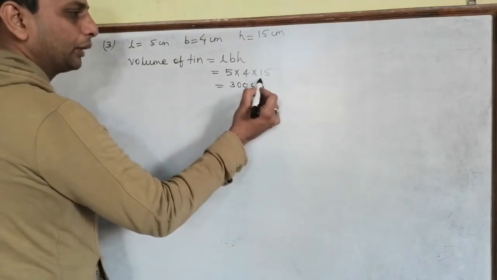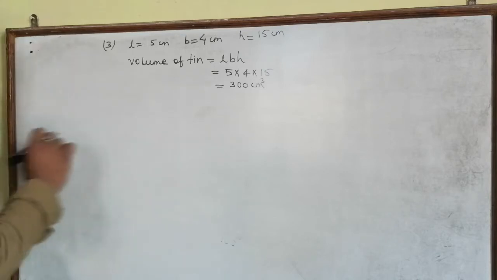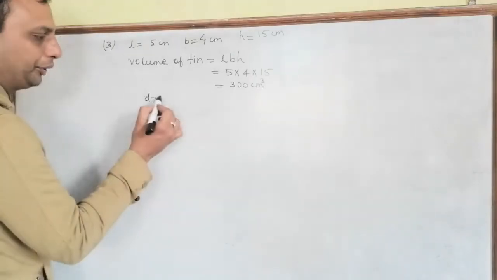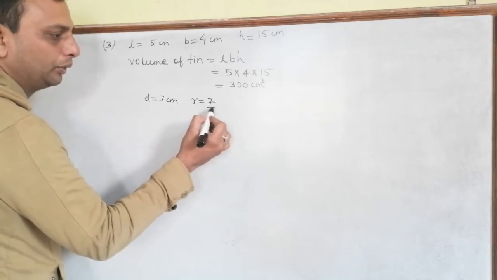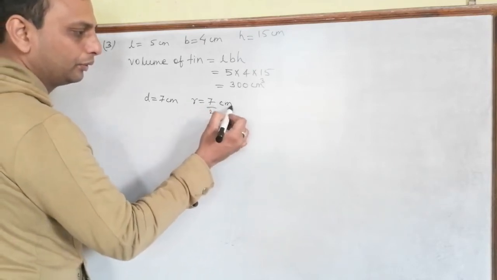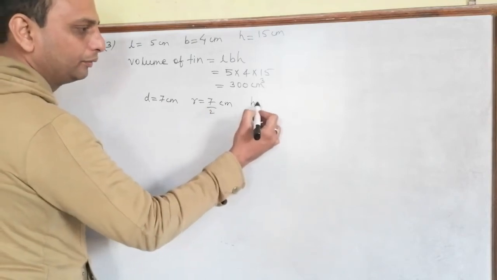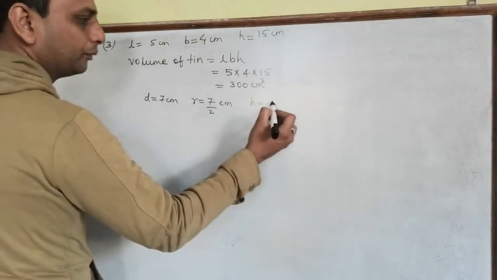The other is in the shape of a cylinder. The diameter is given as 7 centimeter, so the radius will be 7 upon 2 centimeter, and the height is given as 10 centimeter.